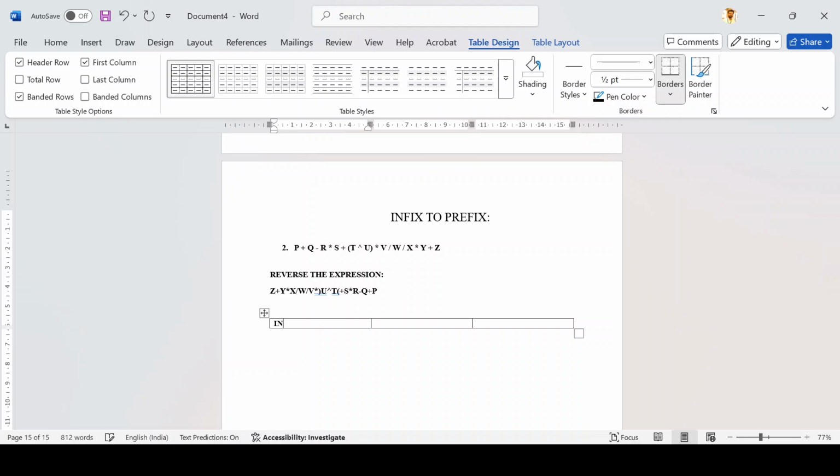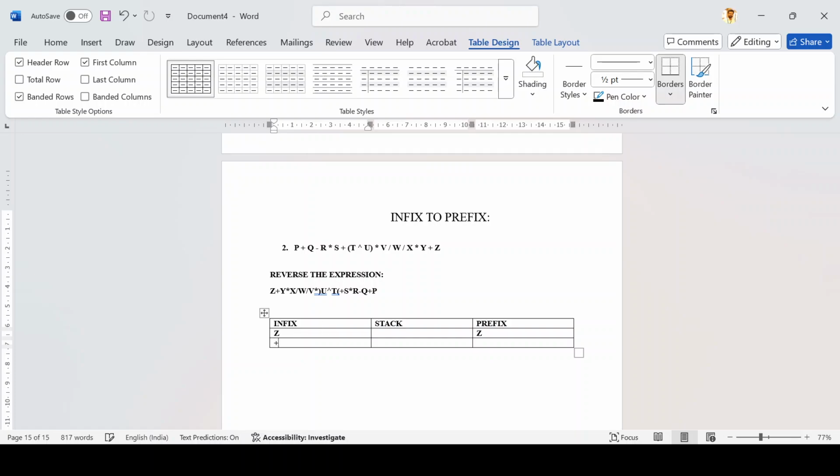Let me put it as infix, then the stack, and then prefix. The first operand is Z, so there is no need of the stack. Straight away put it in the output side, the prefix expression.